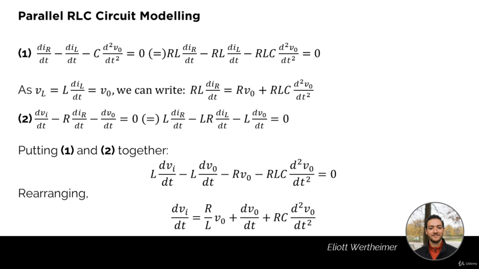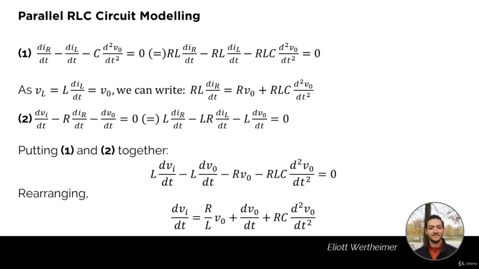So here all we did is replace L multiplied by the derivative of IL with respect to time by V0, as stated by the equation. And V0 is a given value in that circuit, so it's solvable. We have it in a real life model.